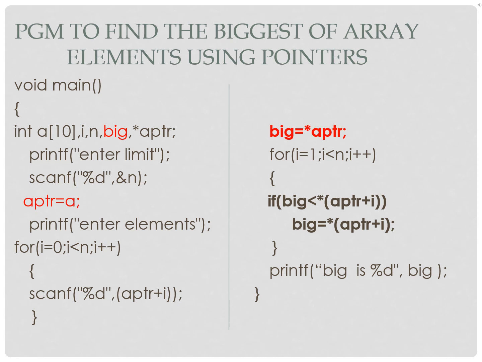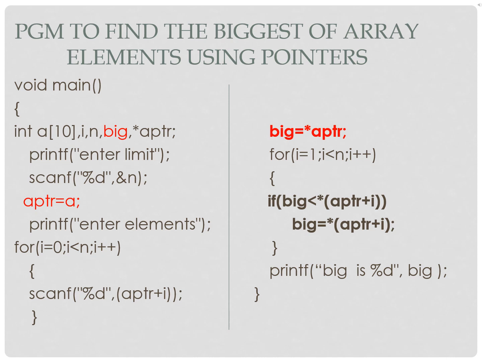Enter the limit. So you read the number of elements in the array, and assign the first address A to the pointer, APTR equal to A. Now enter the elements using APTR. For I equal to 0, I less than n, I plus plus, scanf percentage %d, APTR plus I.